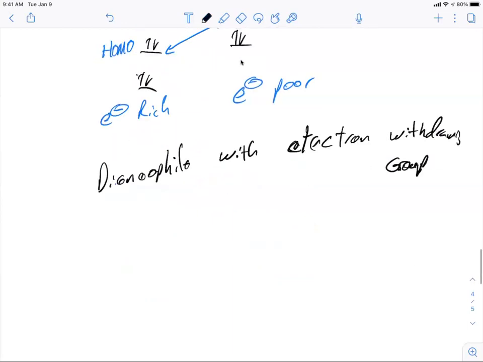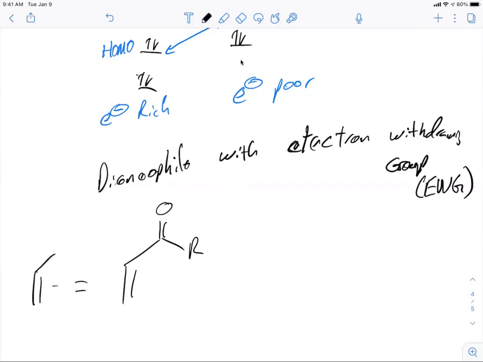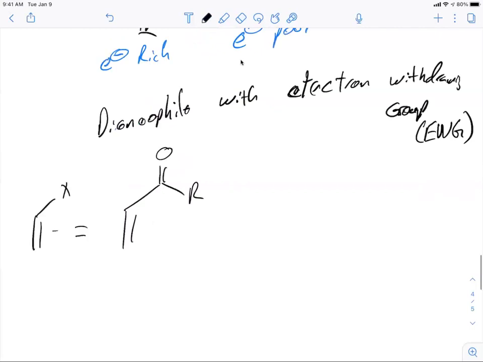We'll start using the term EWG, you'll see it quite a bit. The one that works really well for this is the carbonyl species, where this X is some type of carboxylic acid derivative.